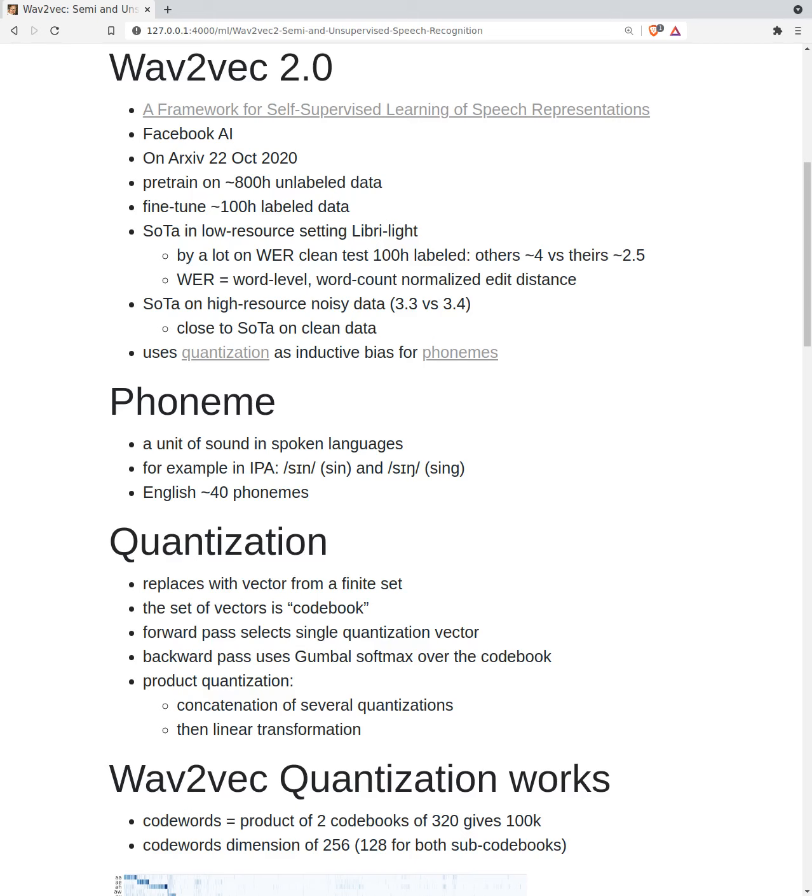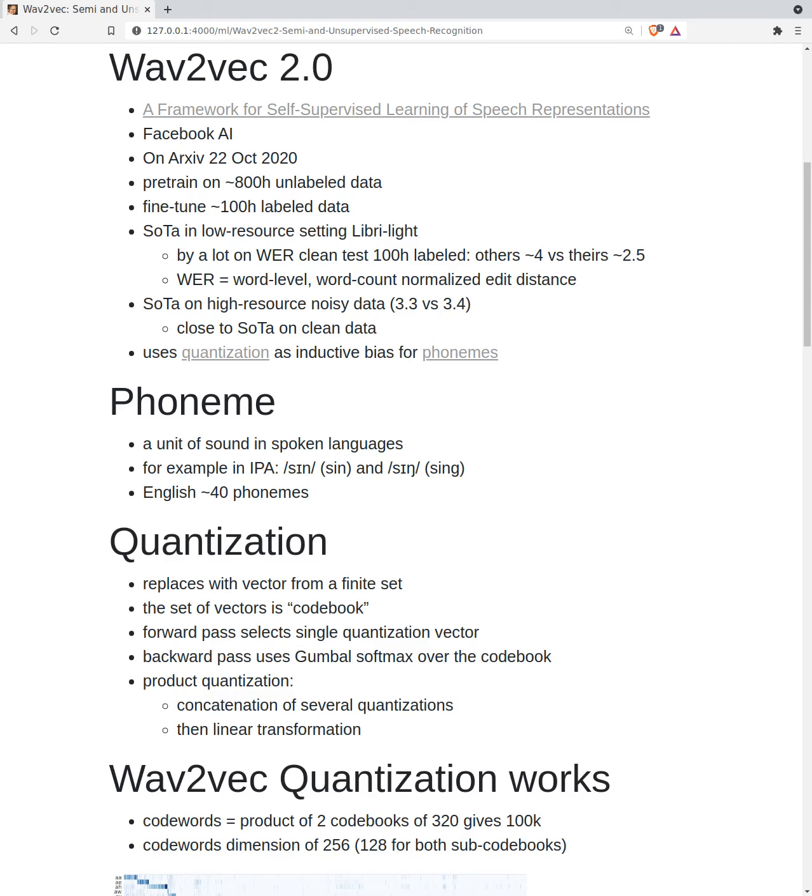And they are able to achieve state-of-the-art on low resource setting in terms of word error rate. In this low resource setting, they are significantly and quite a lot better than the competition.